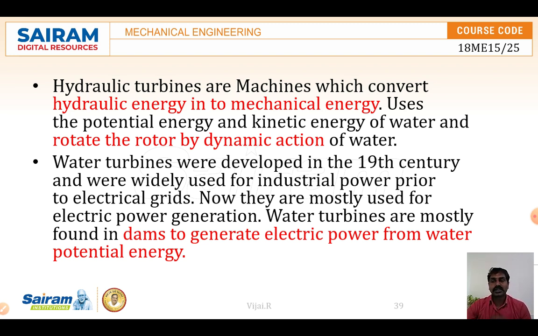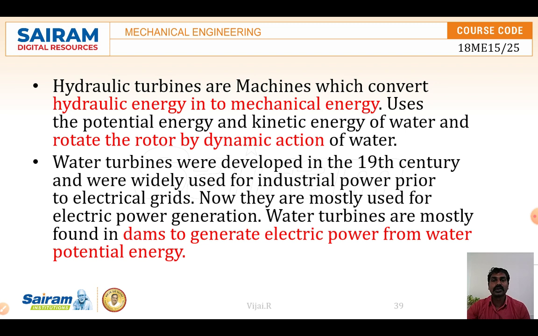When it falls, when it comes with a high velocity and hits the turbine, the potential energy and the kinetic energy of the water is converted to rotate the turbine.